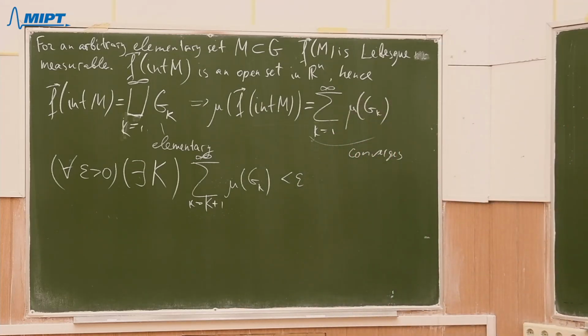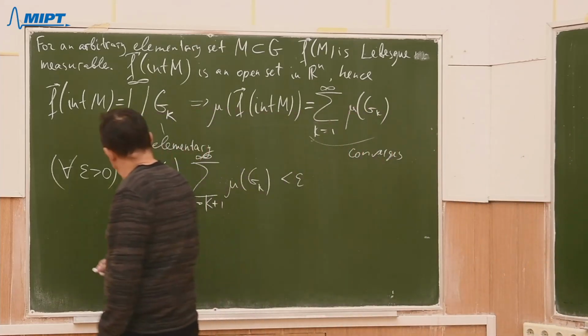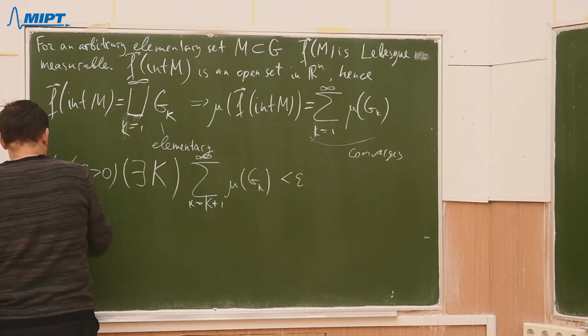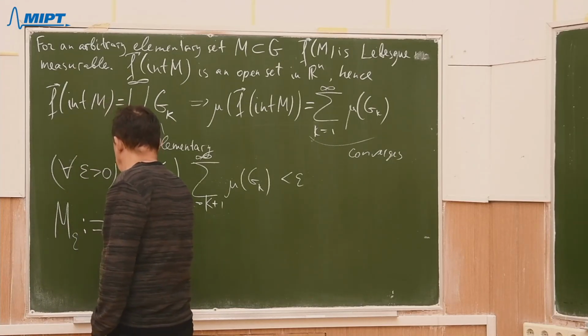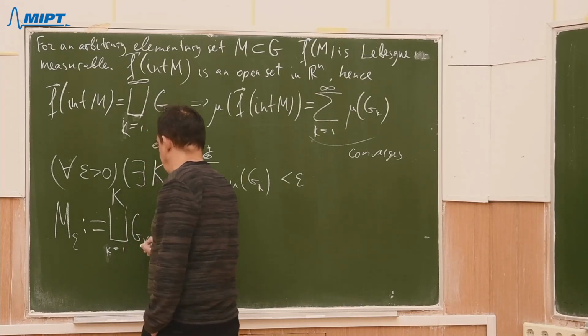Then let me denote M epsilon, the union of the first K, from 1 up to capital K, of G_K.